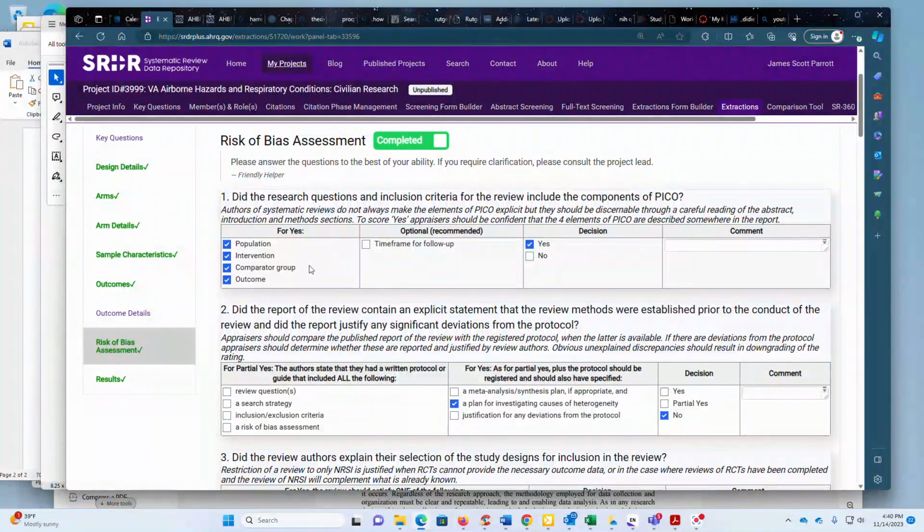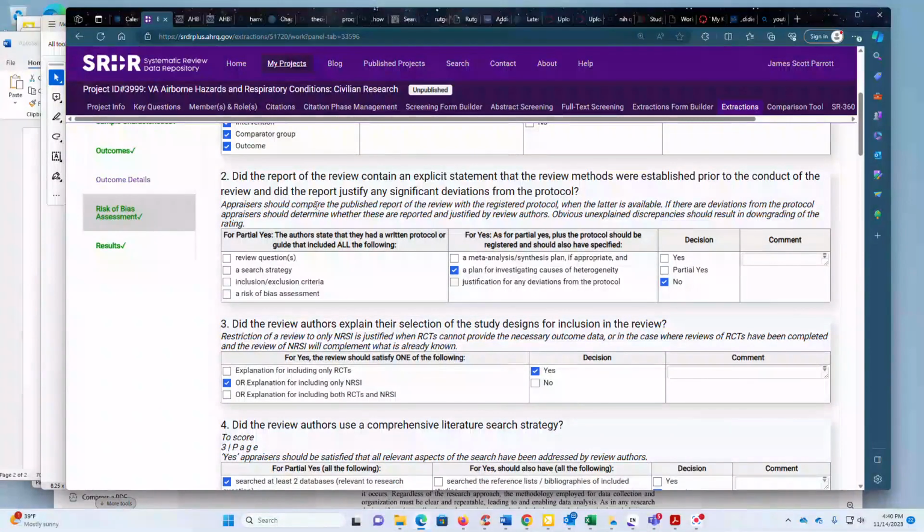So the way AmStar is set up, you answer the questions here, make a decision, and then if you need a comment. Similar sort of thing for an explicit statement that the review methods were established prior. Now, for partial yes and for yes, in order to get a yes under the AmStar criteria, all of these would have to be selected.